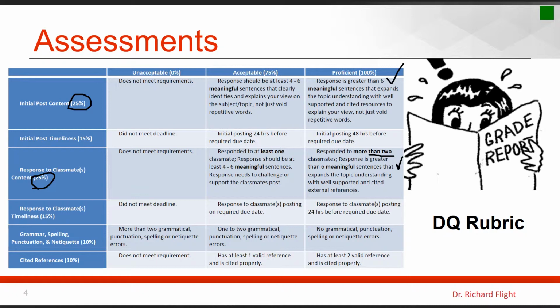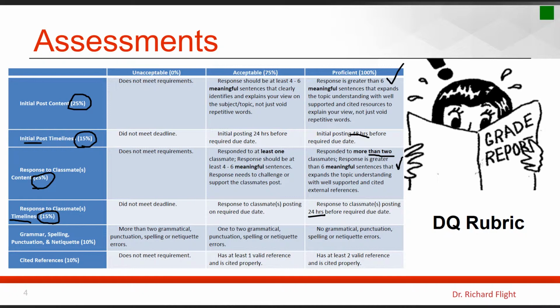And then other grading components, 15% on timeliness. So 15% on timeliness means 48 hours for your initial post. Remember, 48 hours here for the initial post, and then 24 hours before the due date for your responses. Okay, so if you're not getting your responses in on time, you don't get full credit.